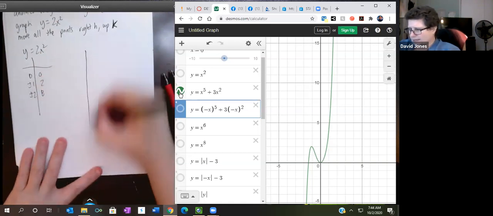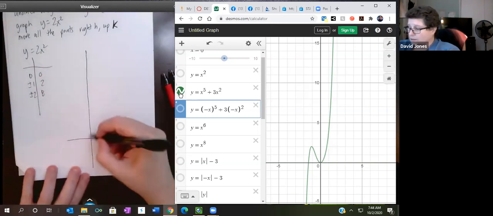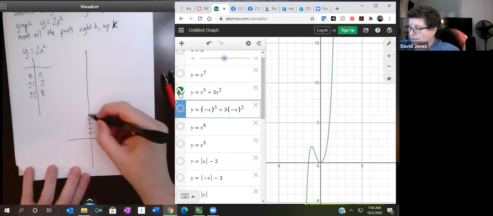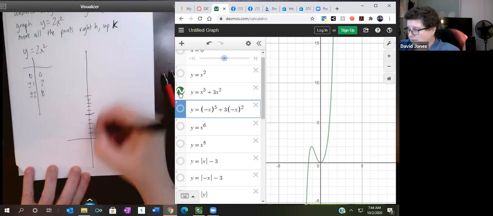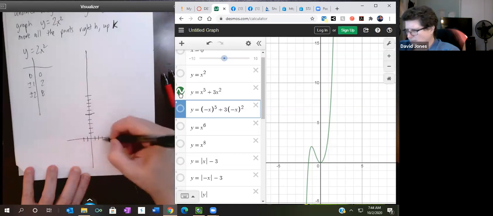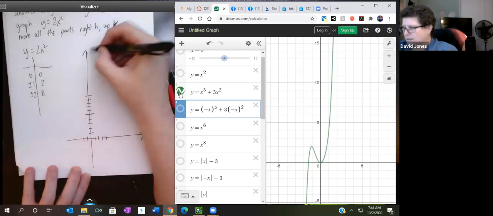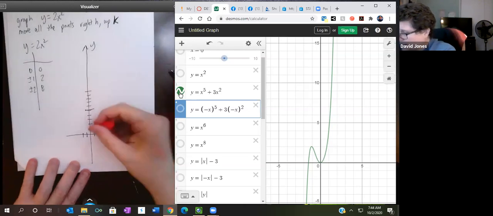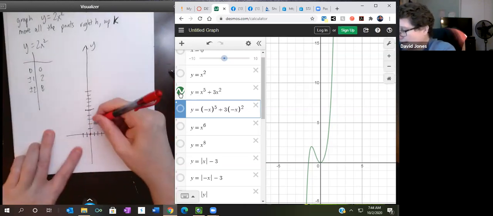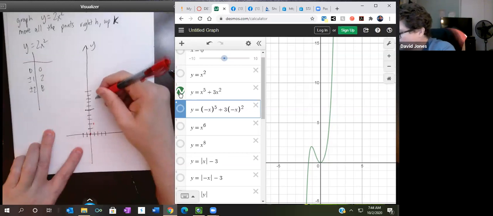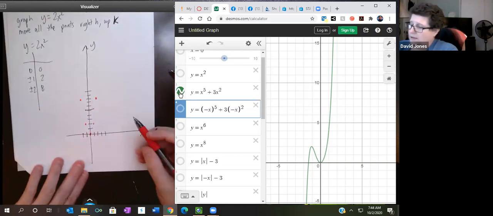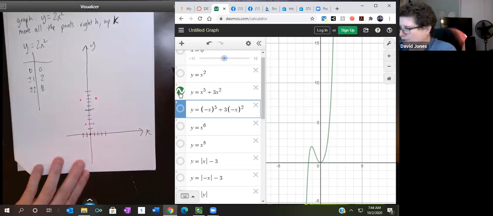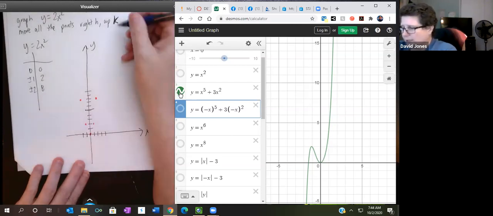So what I mean by doing that, I'll show you. So the base graph for 2x squared is like this. And rather than drawing the line, I'm just going to put the points and then I'm going to move them all.